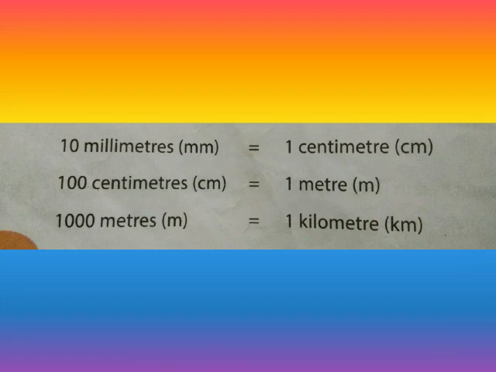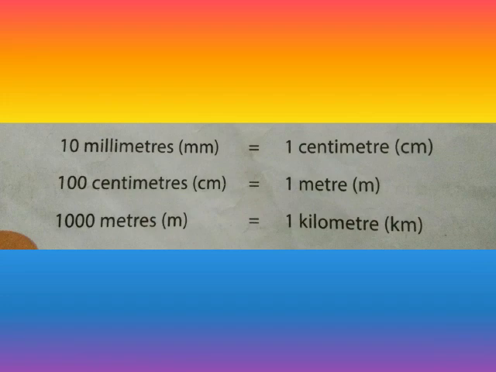So this is very important. You have to learn it by heart. Okay. So don't forget, 10 millimeters is equal to 1 centimeter, 100 centimeters is equal to 1 meter, and 1000 meters is equal to 1 kilometer. Millimeters and centimeters are used to measure small distances, and kilometers are used to measure longer lengths.